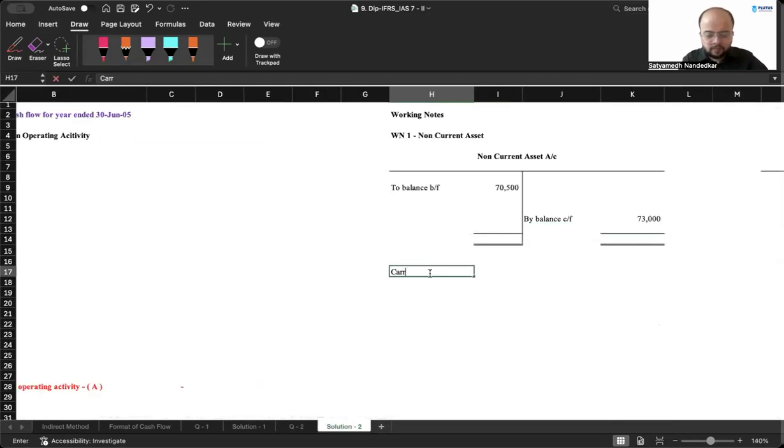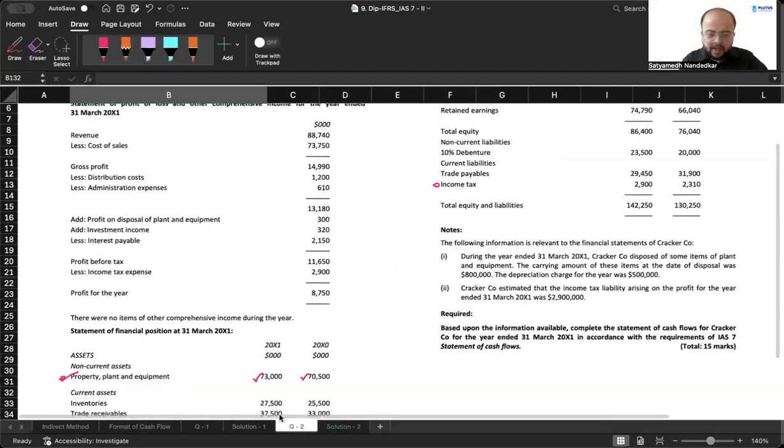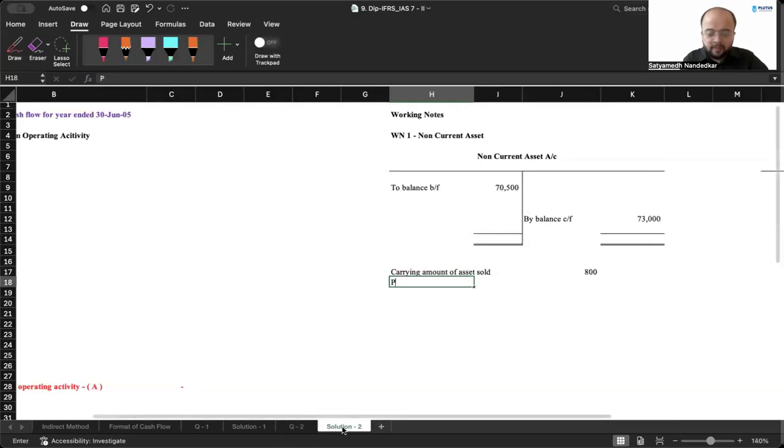So carrying amount of asset sold 800. And what is the profit on disposal of plant and equipment? Profit on disposal of asset is 300.